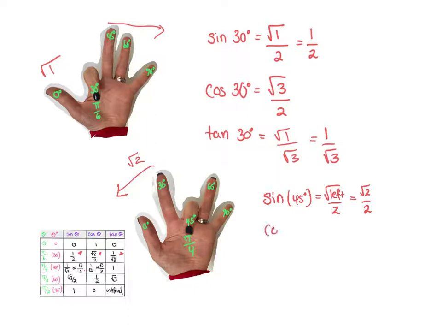If we're doing cosine, I'm going to say pi on 4 this time because it's the same as 45 degrees. We're going to do the square root of the right fingers, which is square root 2. Sorry, I wrote left and meant right.